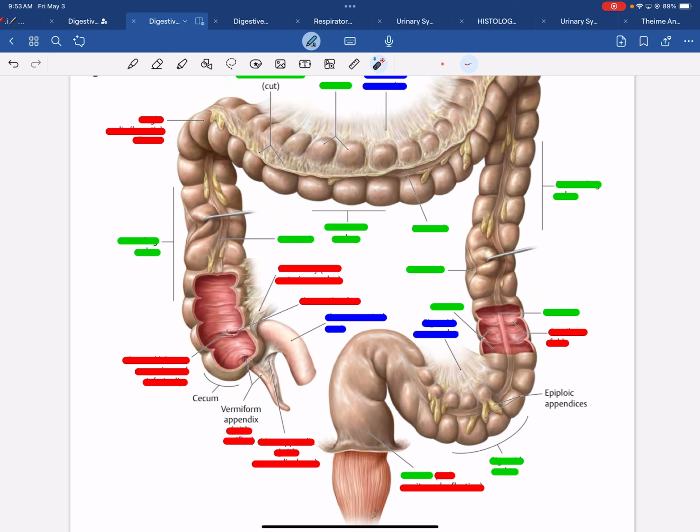Which cells are at the base of the intestinal gland in the ileum that help to fight bacteria? Good, the Paneth cells, exactly, right? Because if the bacteria in here had the opportunity, they would just crawl into the ileum and start colonizing it, and that's not good. So the ileum has all of these Paneth cells inside to help kill the bacteria if they ever wanted to do something like that.